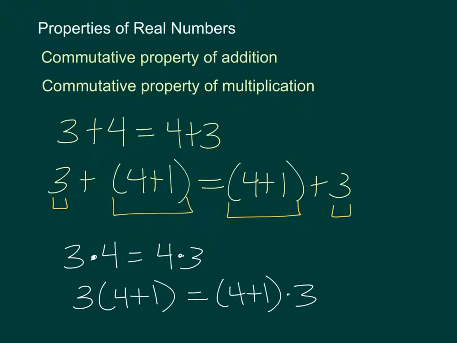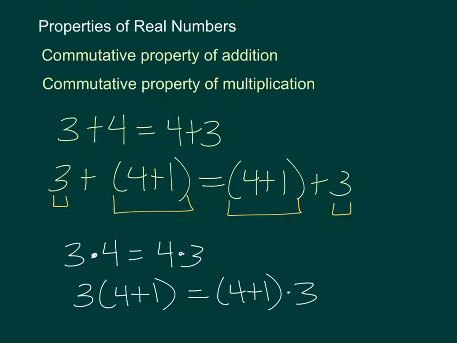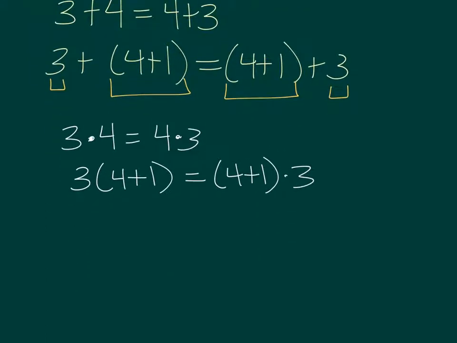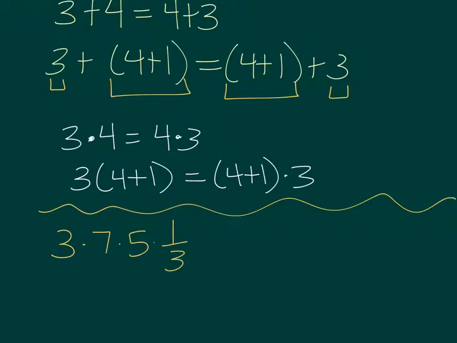And remember, we want to use these properties when evaluating to make things easier. Say we are trying to multiply 3 times 7 times 5 times 1/3. Doing it in that order is not very easy, because by order of operations you do 3 times 7, which is 21, times 5, which is kind of difficult, and then times 1/3. That takes a lot of time.